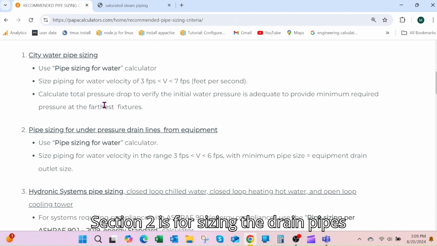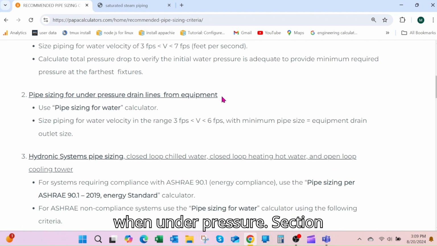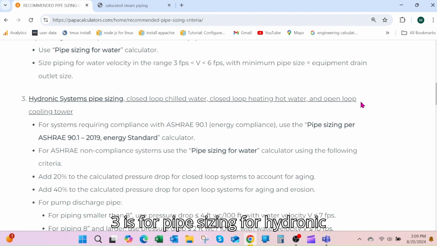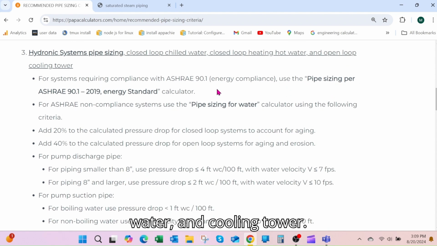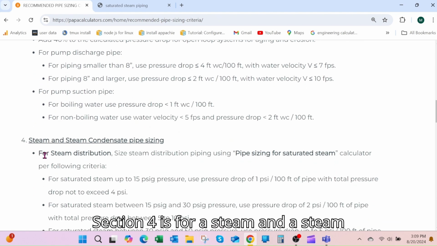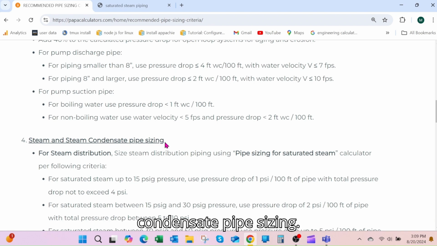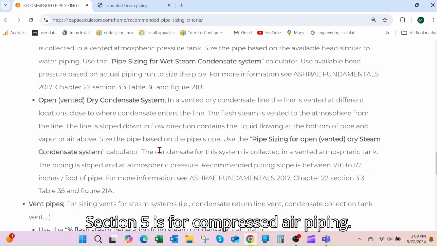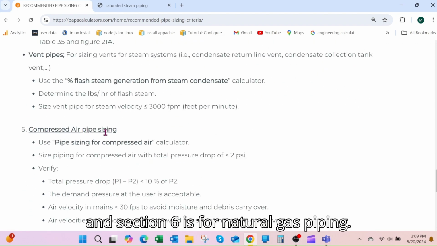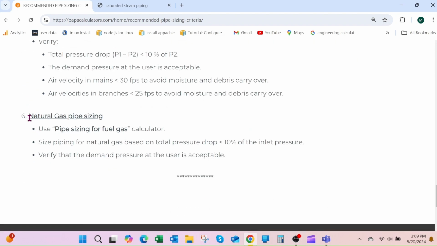Section 2 is for sizing the drain pipes when under pressure. Section 3 is for pipe sizing for hydronic systems like chilled water, heating hot water and cooling tower. Section 4 is for steam and steam condensate pipe sizing. Section 5 is for compressed air piping. And Section 6 is for natural gas piping.